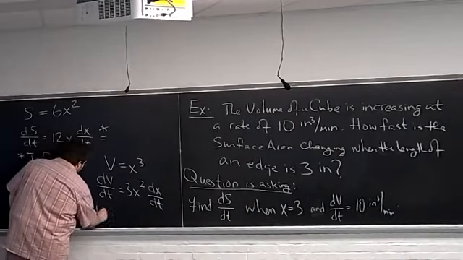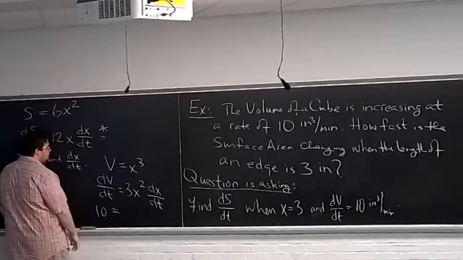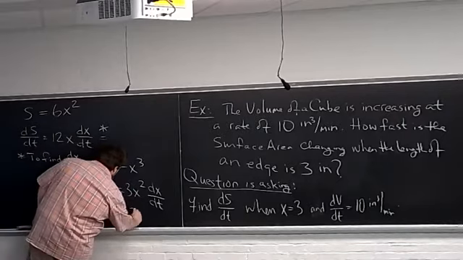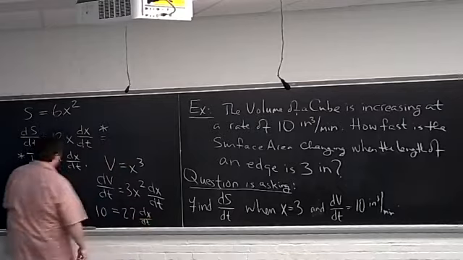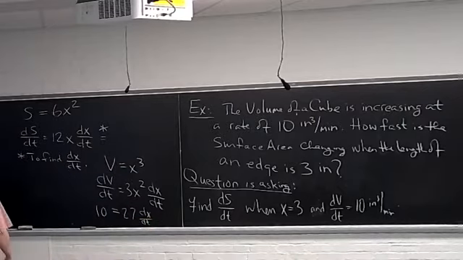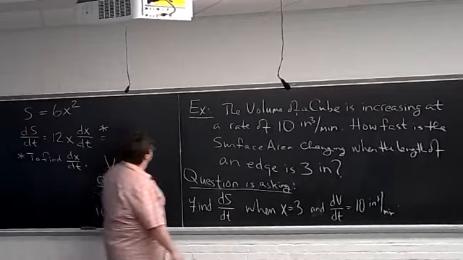So 10 equals 3 times 3 squared, so 27 dx/dt.